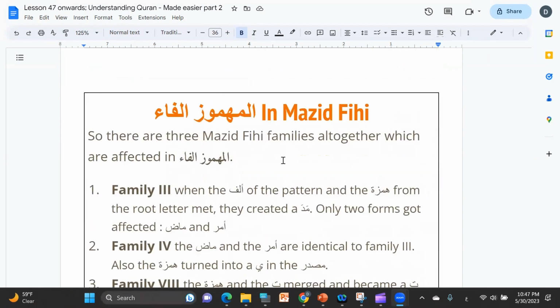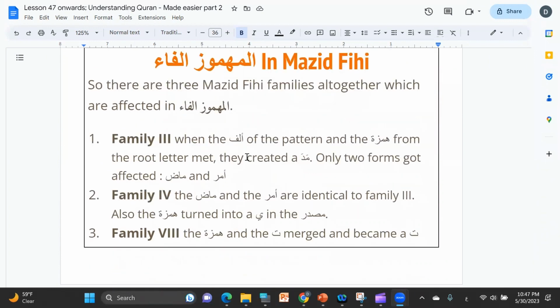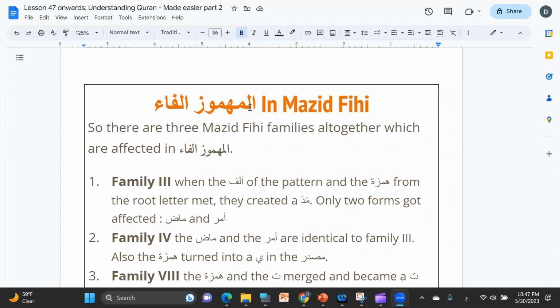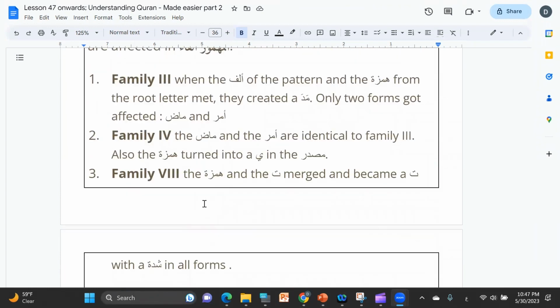So this is the summary of the lesson. Mahmoozul Fa in Mazid Fihi. There are 3 Mazid Fihi families altogether which are affected in Mahmoozul Fa. What are those? Family 3, family 4, and family 8.